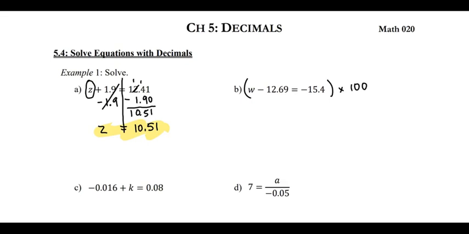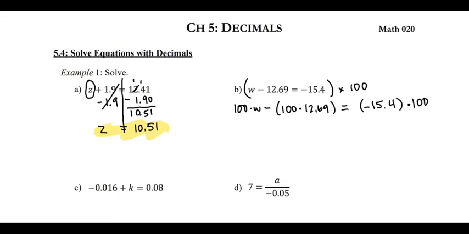I have to multiply everything: 100 times W minus 12.69 times 100 equals negative 15.4 times 100.